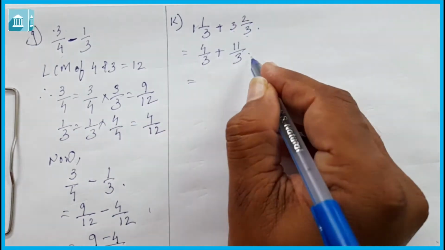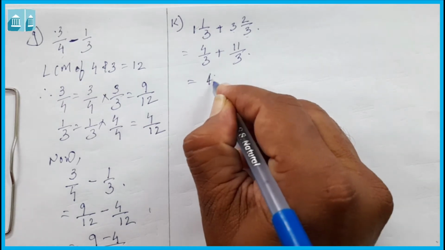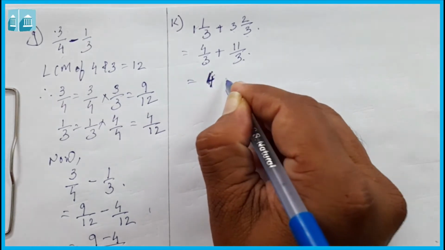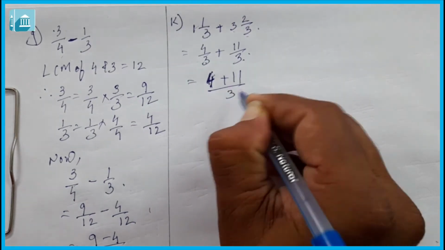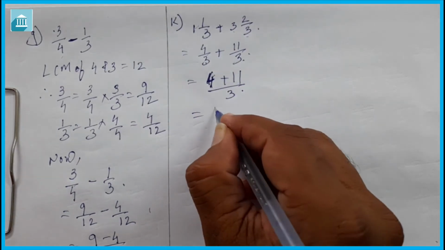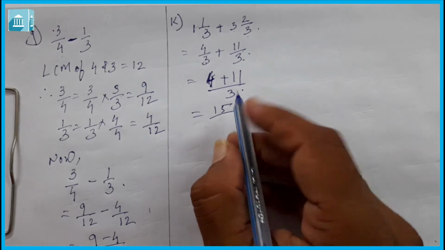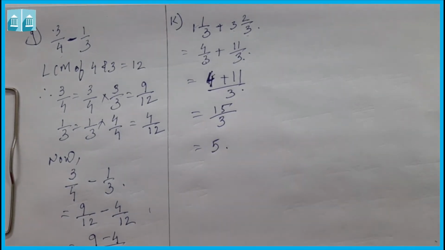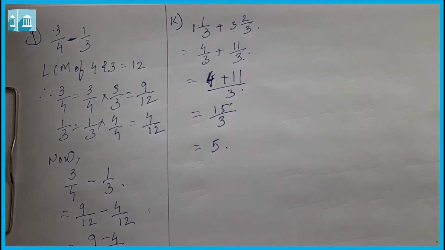So 4 by 3 plus 11 by 3. Here both are like fractions. So 4 plus 11 upon 3, which is equal to 15 upon 3. Now 15 upon 3 is equal to 5. So the answer is 5 here.